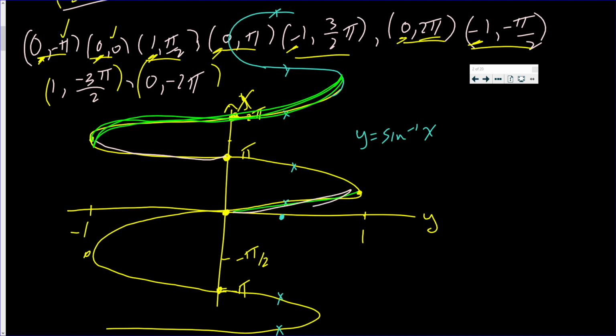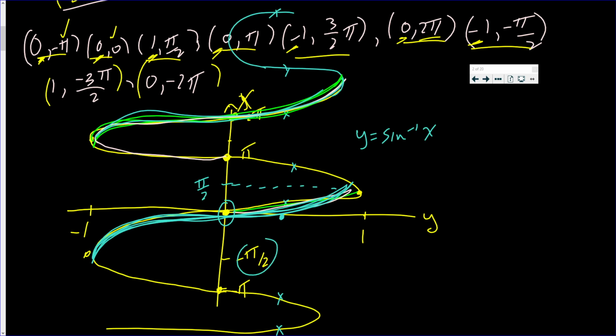And we wouldn't like it to be way up here. We like it to be centered around the origin. And that means that we keep this portion of it. And this portion goes between negative pi over 2 and pi over 2.